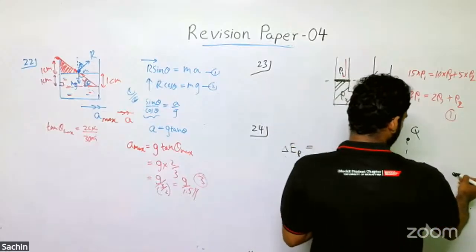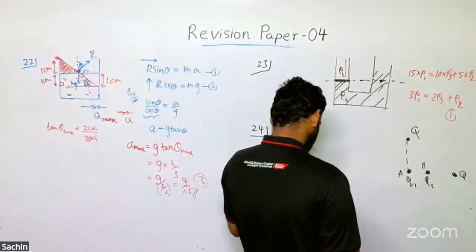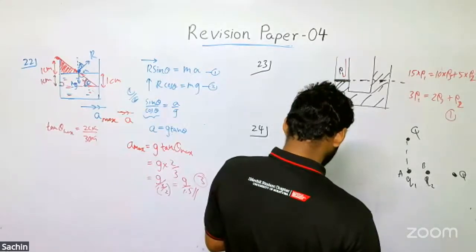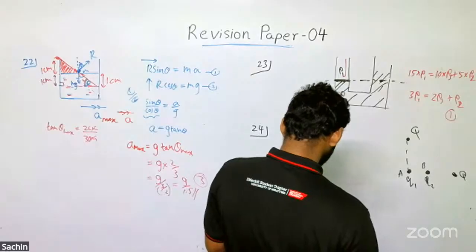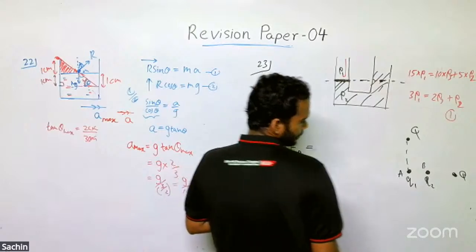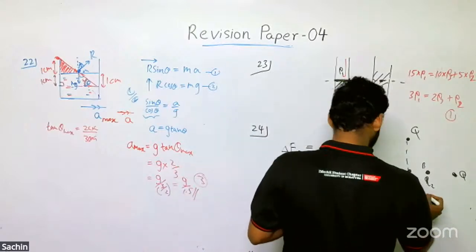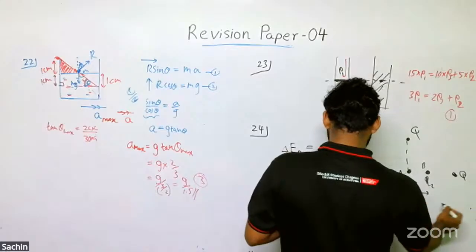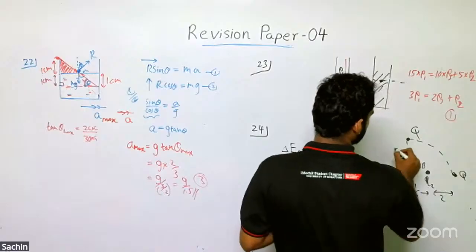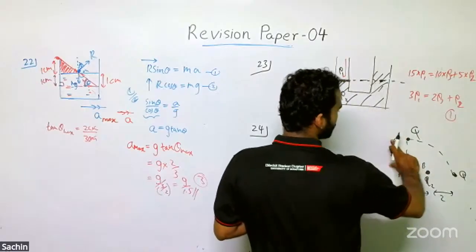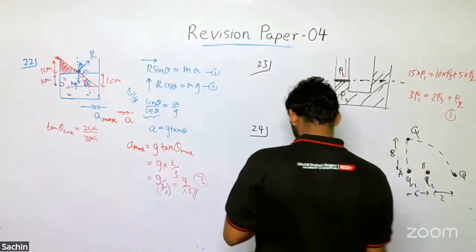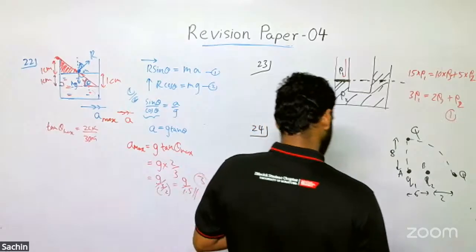Finally, when it comes to this position, the potential energies will be changed. How can you calculate the change? So these lengths, let me mark. The length between these two is 6, and this should be 2, right? Because this is moving along a circle. If this is 8, then the same radius should be here. So altogether it should be 8. So if this is 6, this should be 2.